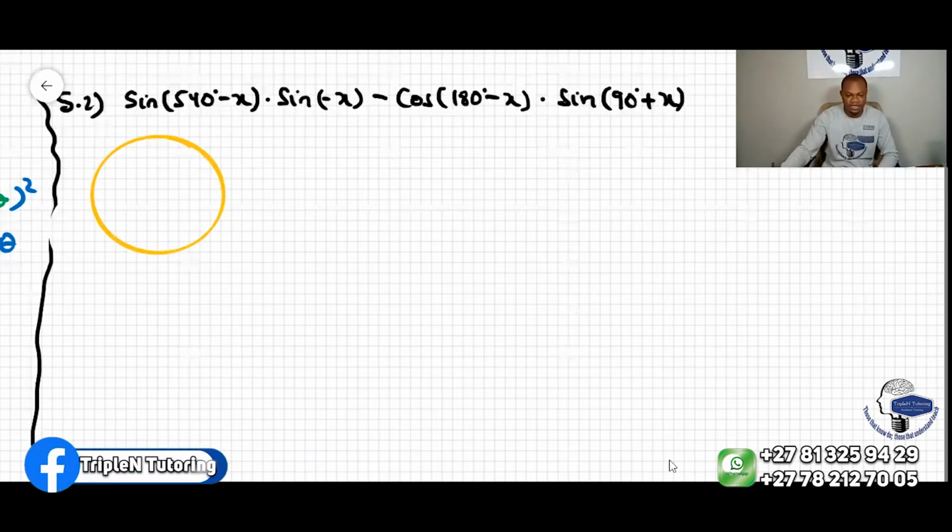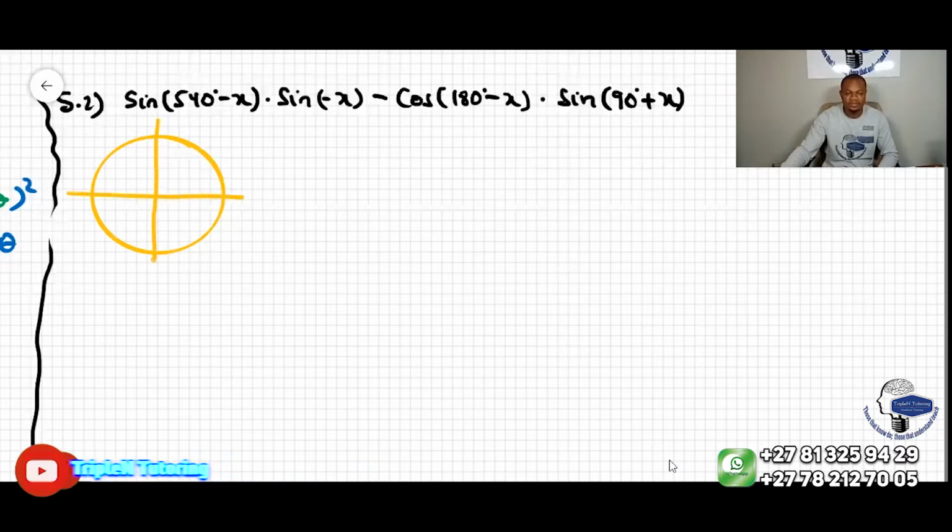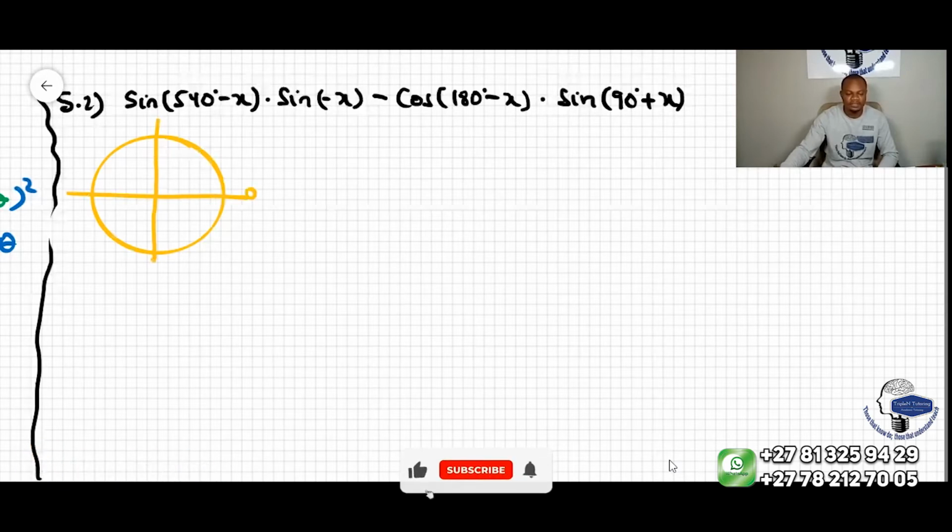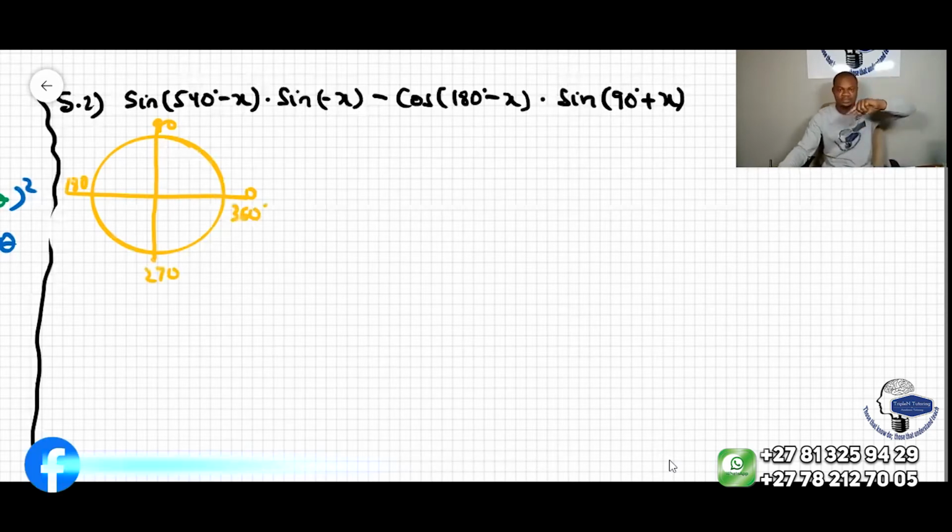Now, we do know that the trigonometric circle is split into 4 quadrants: 0 degrees, 90, 180, 270, and back to 360 degrees. And then it's always like that: 360 degrees, a full revolution, another 360 degrees, and so forth.